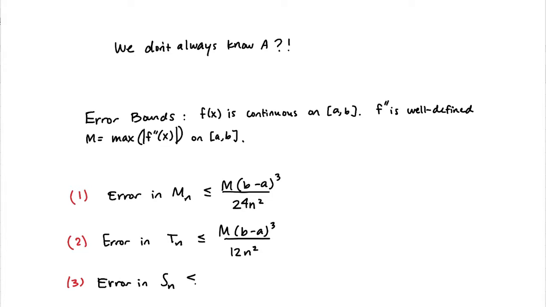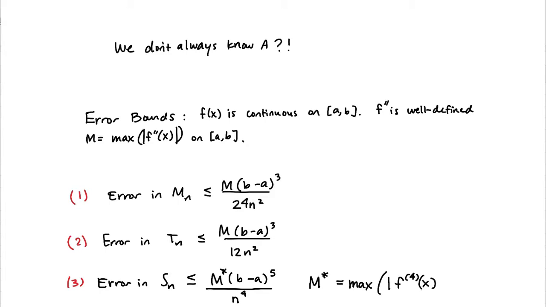So error in Simpson's is going to be less than or equal to M of b minus a to the 5th over n to the 4th. Let's call this M star, it's going to be a different M. M star in this one is equal to the max value of the absolute value of the 4th derivative.